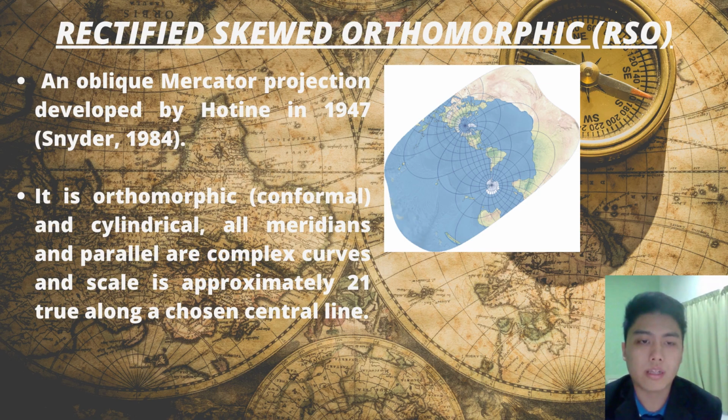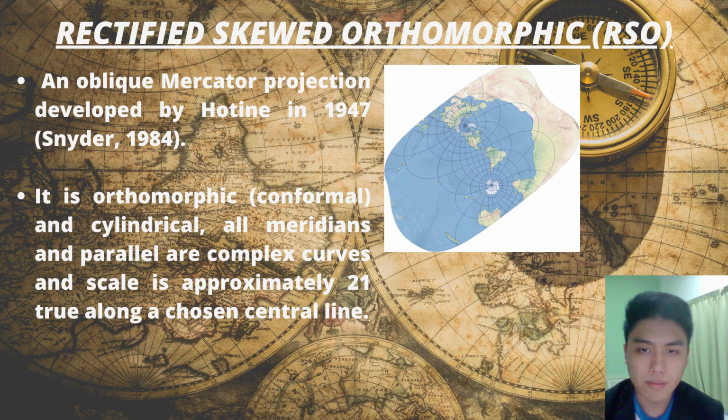Okay, now we are discussing the RSO. The Rectified Skew Orthomorphic map projection is an oblique Mercator projection developed by Hotine in 1947, Snyder 1984. This projection is orthomorphic, conformal, and cylindrical. All meridians and parallels are complex curves.